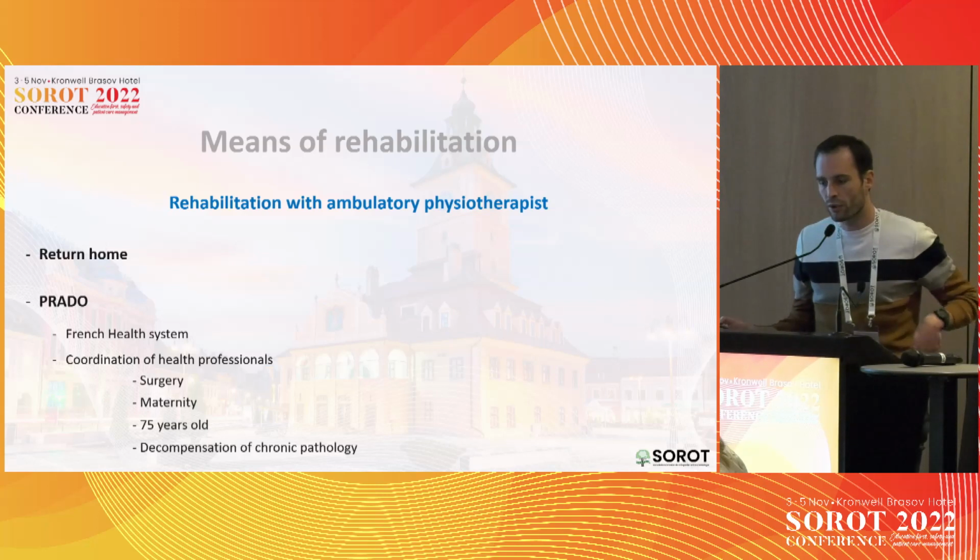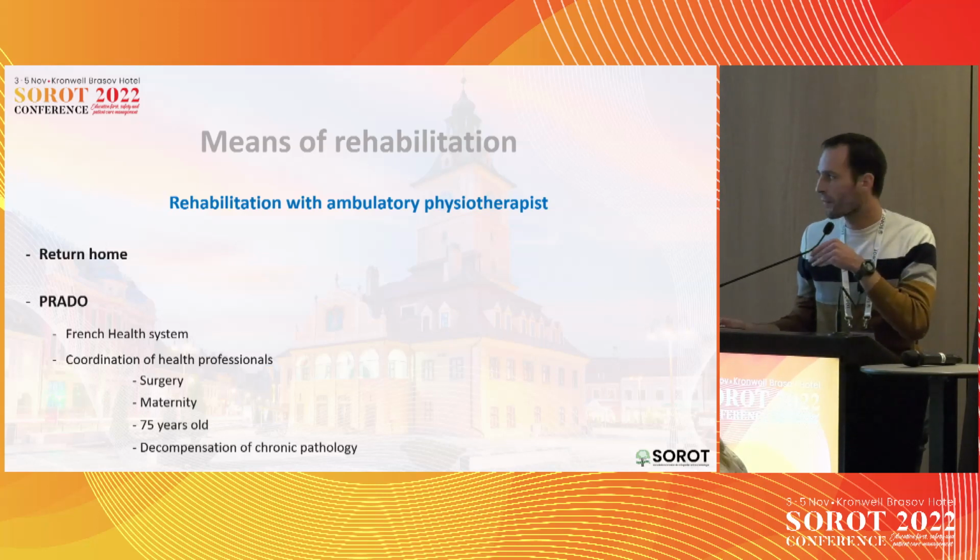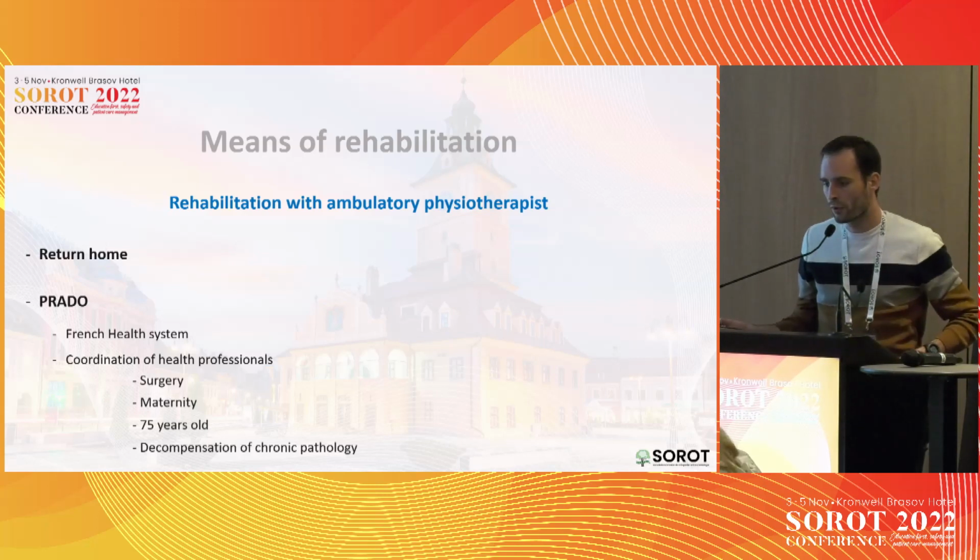How does it work? When you have a surgery, an advisor of Prado comes to the hospital. They meet the patient, and together they check the needs of the patient to return home. Before the discharge, the advisor of Prado calls the general practitioner and finds some nurses and physiotherapists to prepare the discharge of the patient.